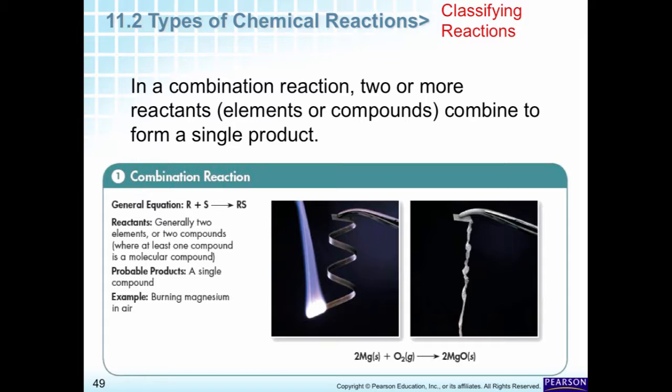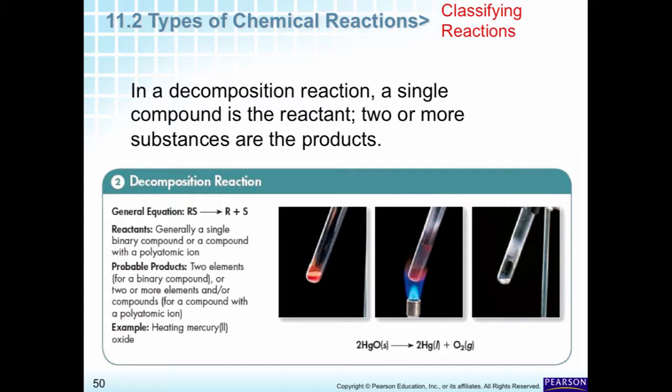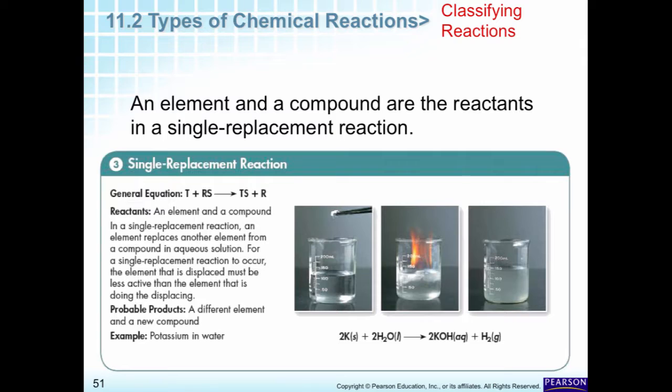Okay, so to summarize some of these, combination reaction, 2 things making 1 thing. Magnesium and oxygen. Decomposition, 1 thing making 2 things, or more than 2 things. Single replacement, at the dance, can I cut in? If it's more reactive, yes they can.